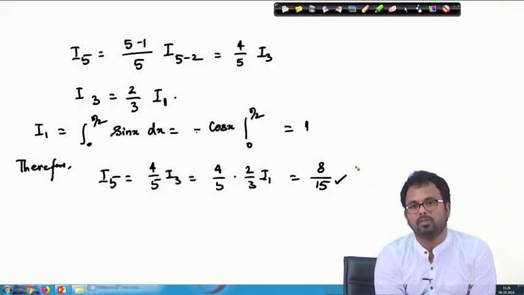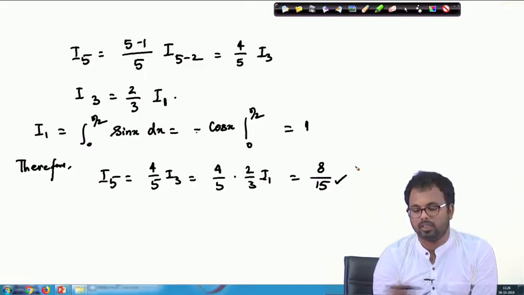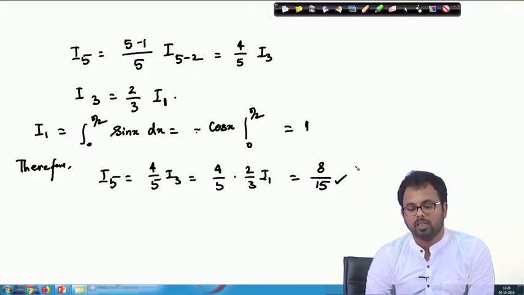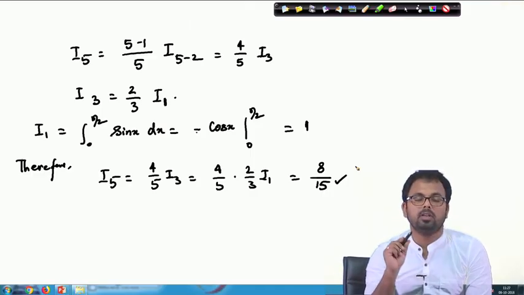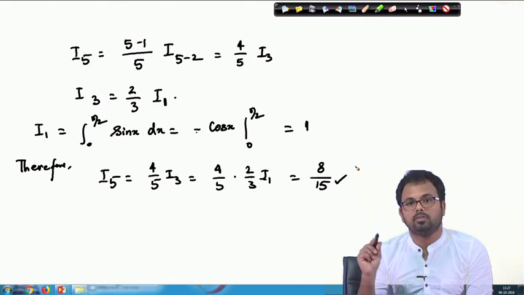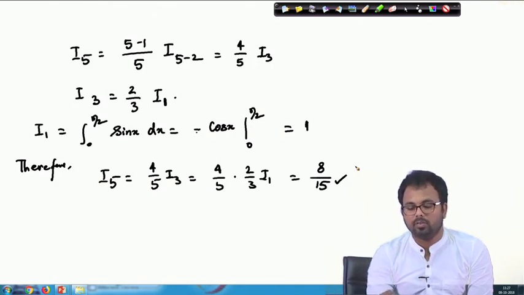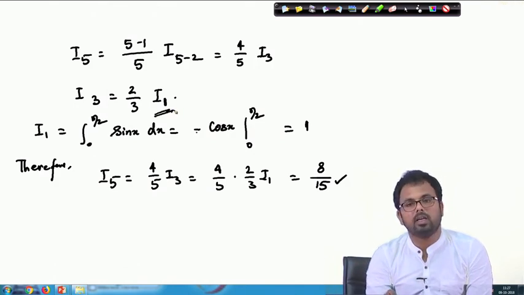So instead of n equals 5, you can have n equals 50, and you just proceed in a similar manner. You may have noticed a trick here: when n is odd, that means if you have sine to the power 5, 7, 13 or 15, then you will end up calculating I1.